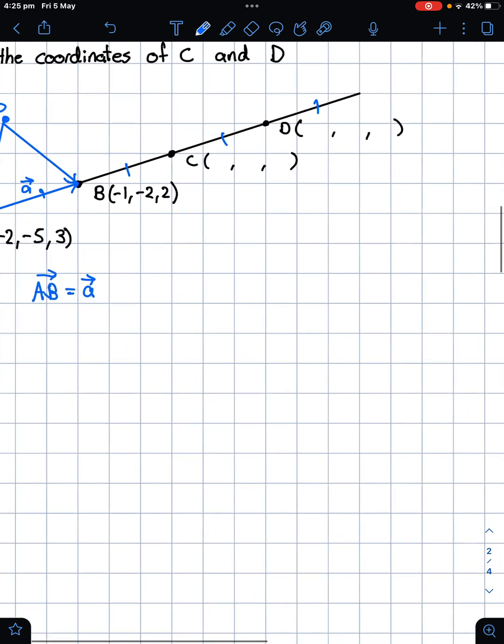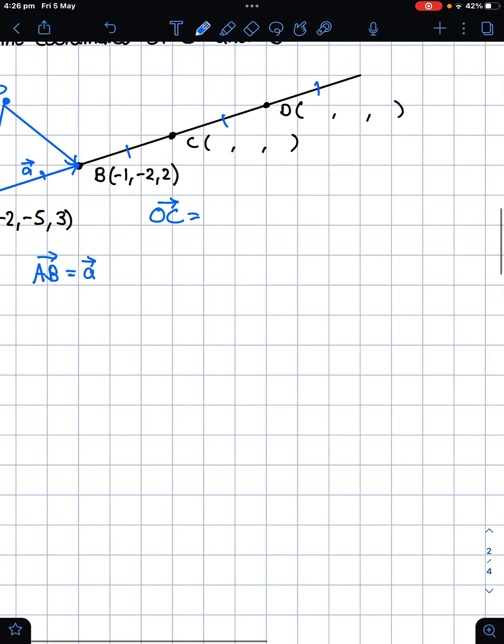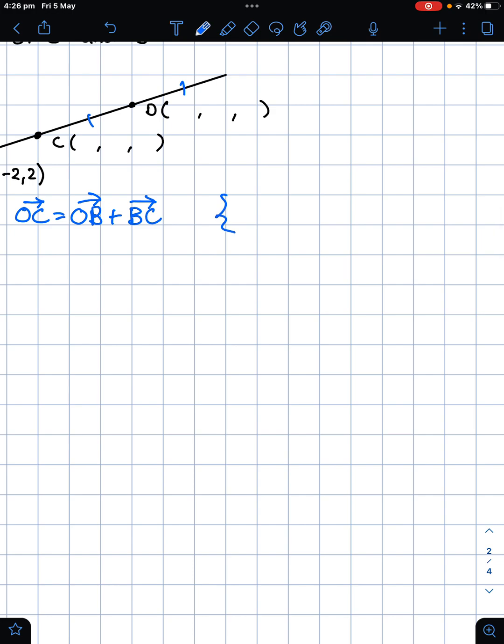Then if we use this point B, we can just add this vector a to it. If I wanted to find C, O to C, one of the ways I could do it is I could go O to B and then plus B to C. Now, because of the way this line is drawn, B to C is going to equal this a vector.